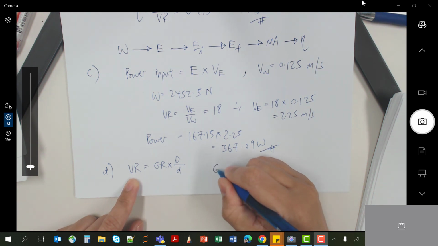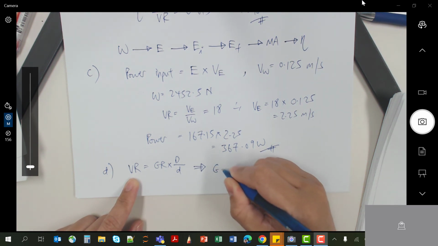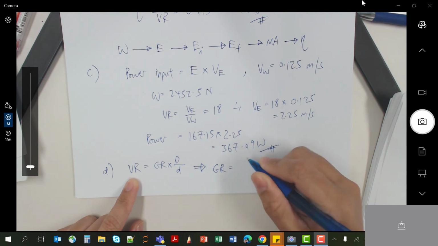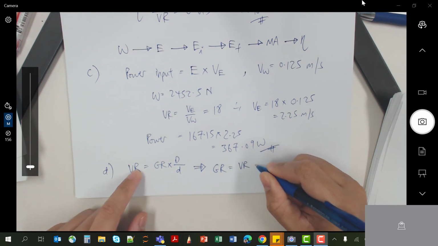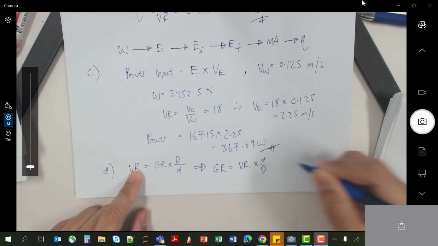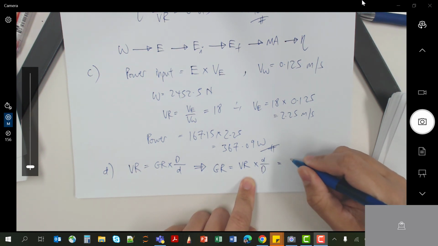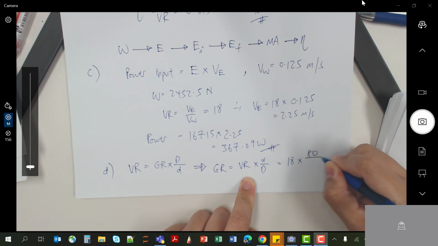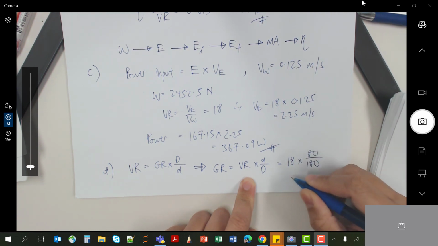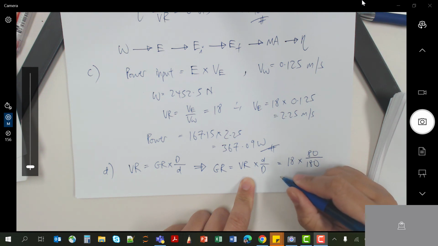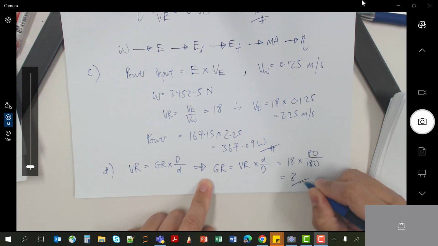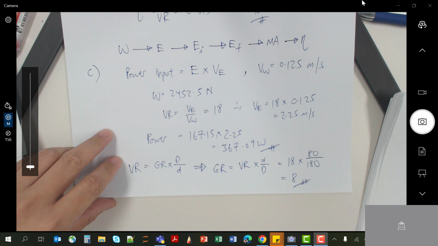Okay, so gear ratio is just VR times load over effort. Okay, 18 times 80 over 180. Okay, so you will get 8. Okay, gear ratio is 8.